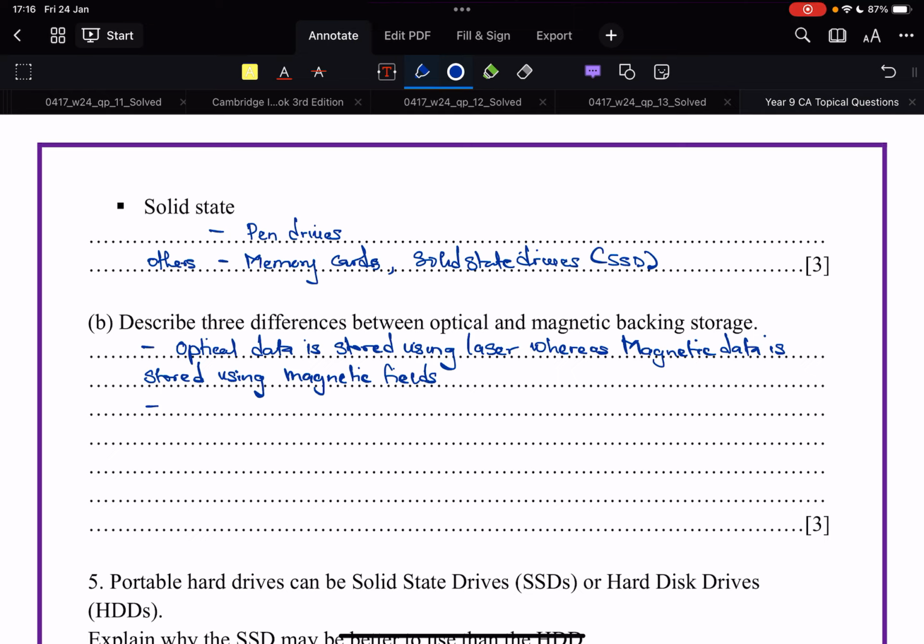Differences: magnetic storage is affected by magnetic field, whereas optical storage is not.